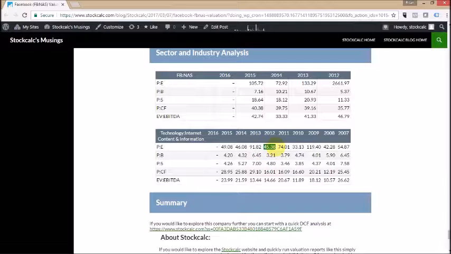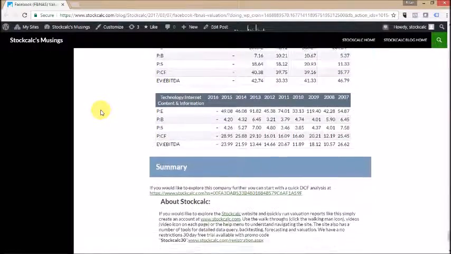So in 2012, the average was 45 for a PE ratio compared to 2,600 for Facebook, so just coming into profitability. Even in 2015, 105 versus 49, so it's still 2x on PE ratio. It's almost 2x on price to book ratio. But we see the numbers are starting to come down. PE, PB, price to sales as well.